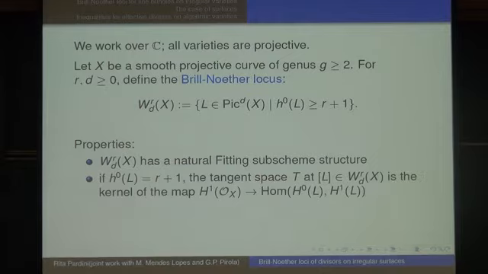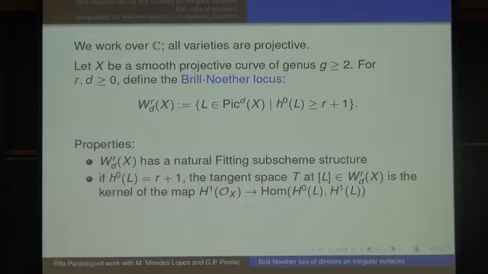And of course, you can identify H1 of O_X with the tangent space to Pic^d at L, because this is the tangent space to the Picard scheme, which is a union of translates of abelian varieties. So the tangent spaces are constant.